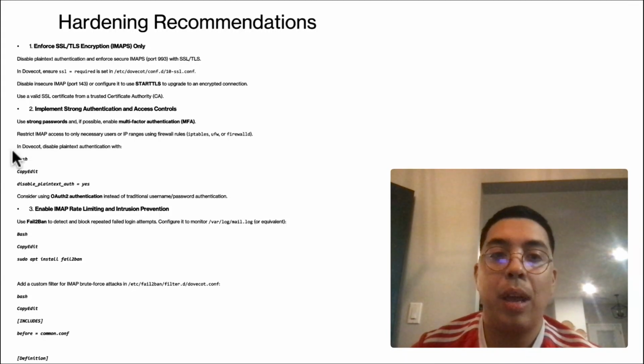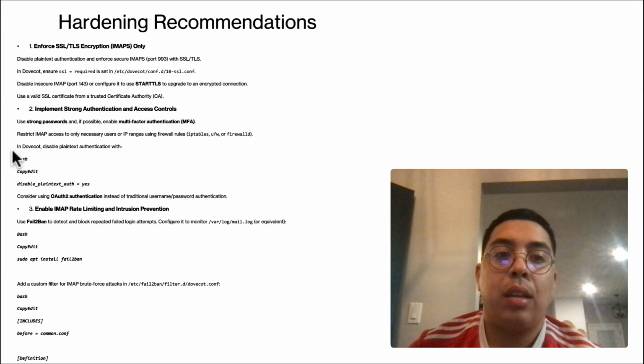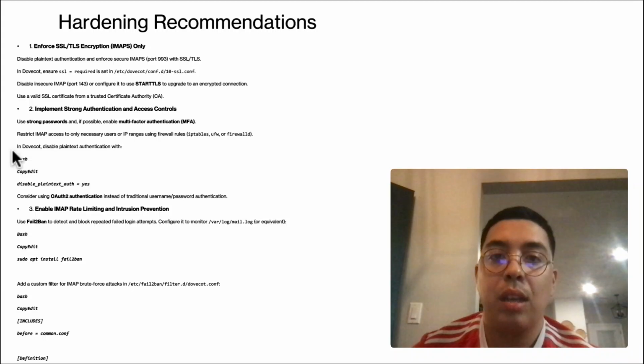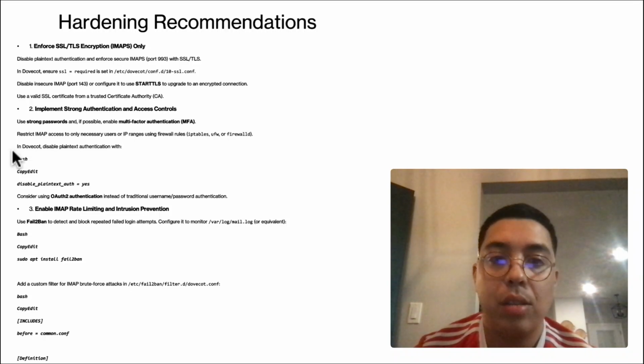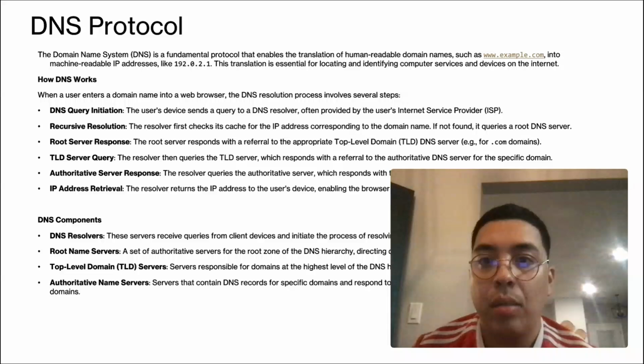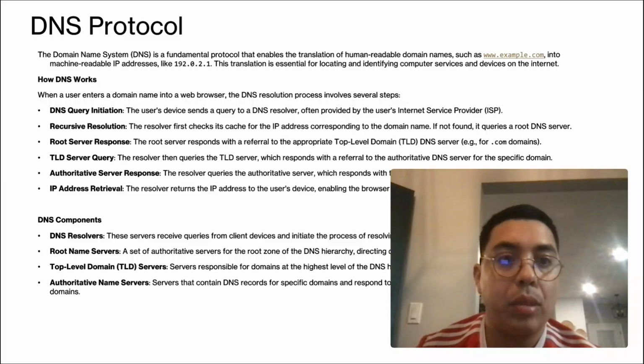Tools like Fail2ban can help prevent brute force attacks, while limiting IMAP connections can reduce the risk of denial of service attacks. So these are ways that you can secure yourself from two strong attacks, I should say. All right, moving on to DNS.